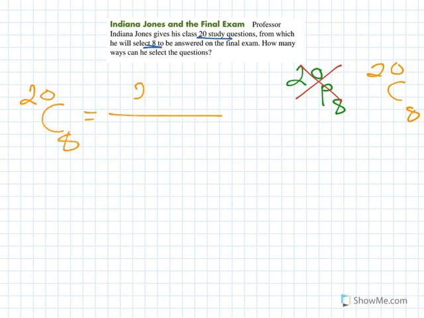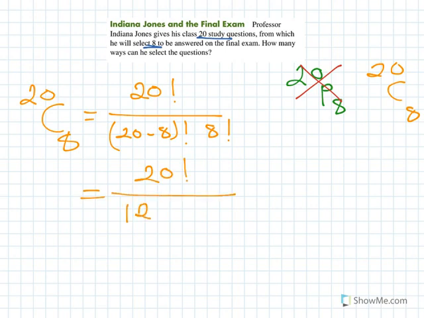And if we apply the formula, it will be 20 factorial over n minus r, which is 20 minus 8, factorial times r factorial. So simplify this, it becomes 20 factorial over 12 factorial times 8 factorial. Okay, so let's use the calculator to find that out.